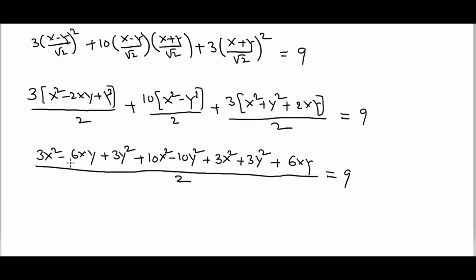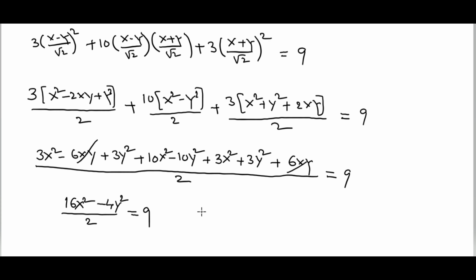So here 3x square plus 10x square, 13x square, plus 3x square, that is 16x square. Minus 6xy plus 6xy cancel. 3y square minus 10y square is minus 7y square, plus 3y square, that is minus 4y square, by 2 is equal to 9.